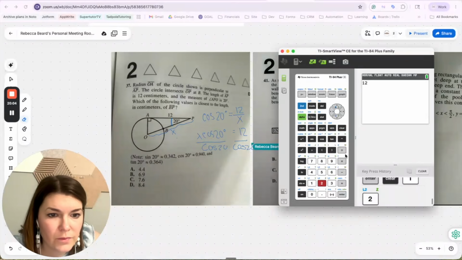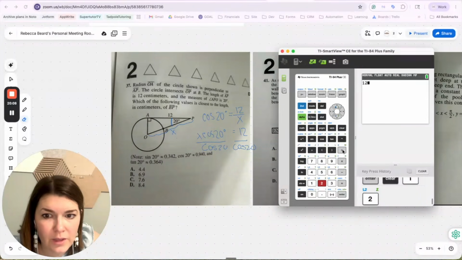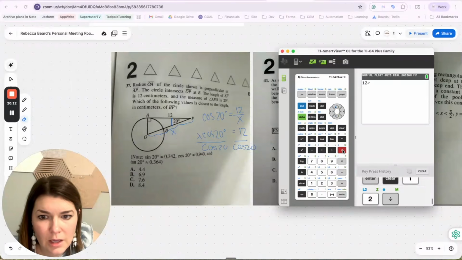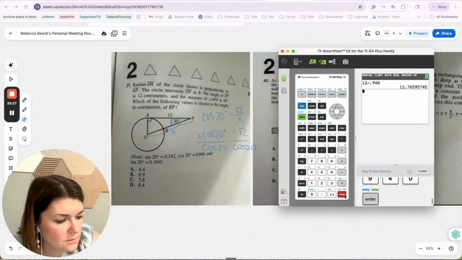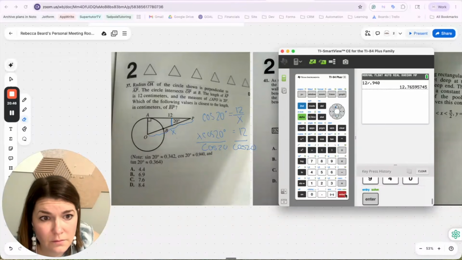So we go 12 divided by cosine 20, which is 0.940.